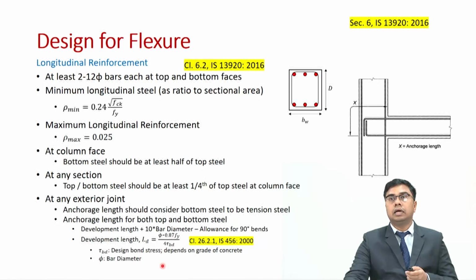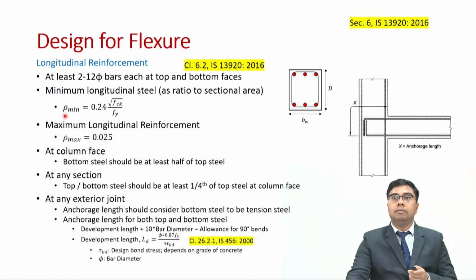The first one is that at least 2 bars of 12 mm diameter are to be used at the top face as well as the bottom face, that is the minimum. Further, the total longitudinal steel, which comprises top bars, bottom bars and side face bars, should have a minimum ratio of 0.24 square root of fck divided by fy to the total sectional area, which is bw times d.